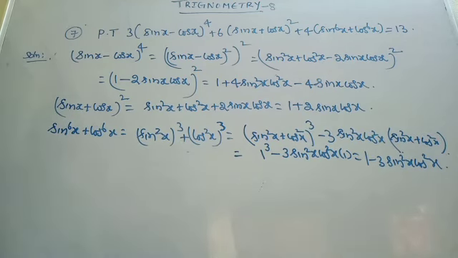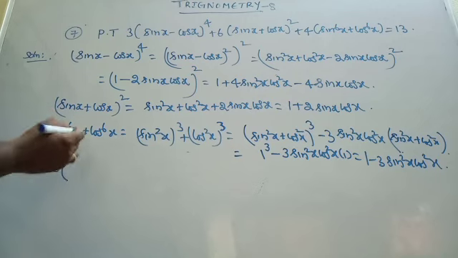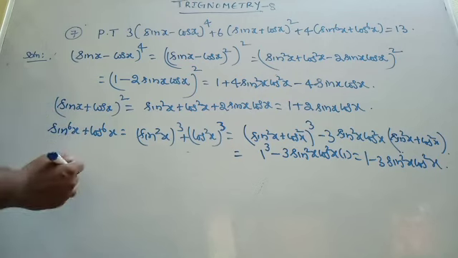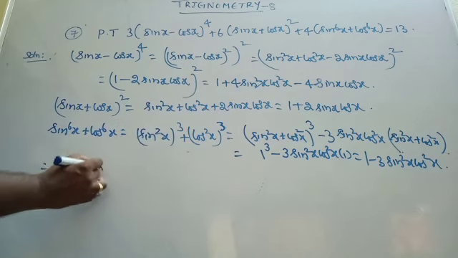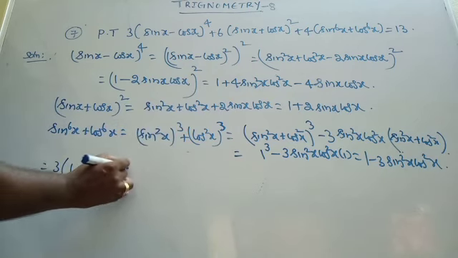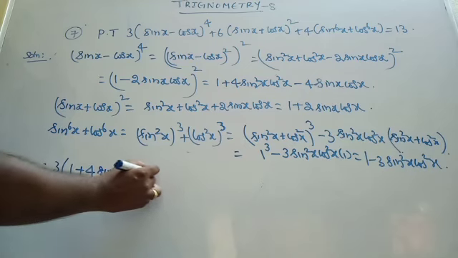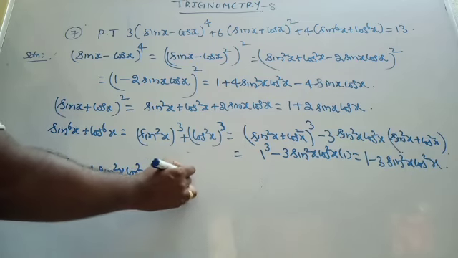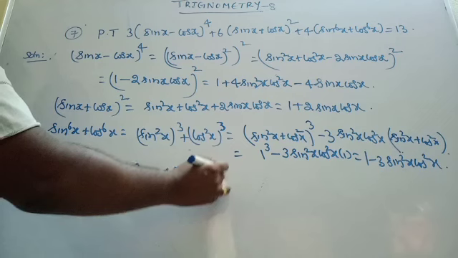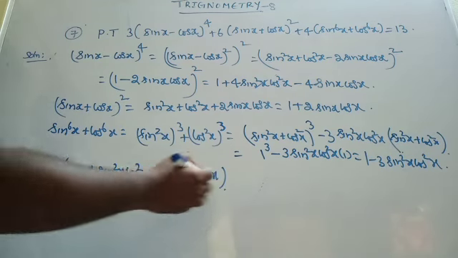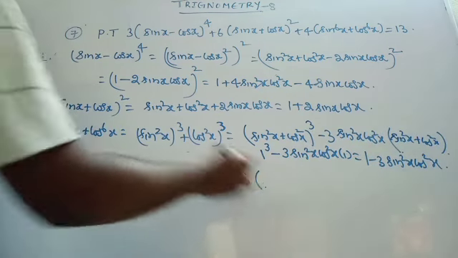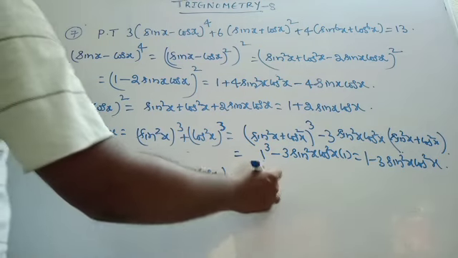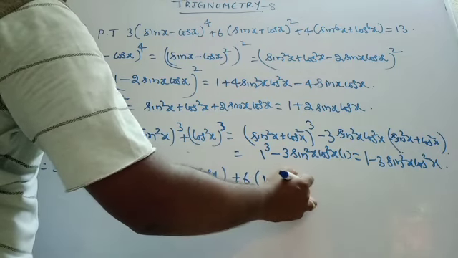Now you see that our left hand side part is 3 into sin x minus cos x whole power 4, which is nothing but 1 plus 4 sin square x cos square x minus 4 sin x cos x, and plus 6 times of sin x plus cos x whole square, which is 1 plus 2 sin x cos x.